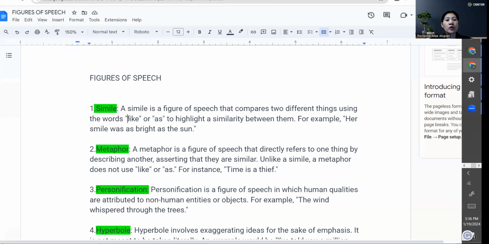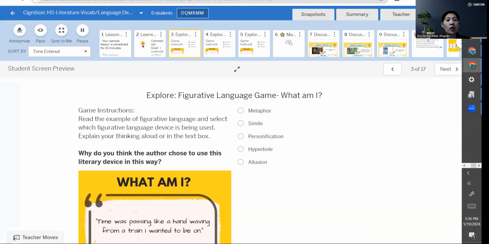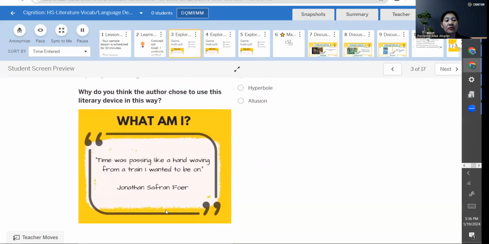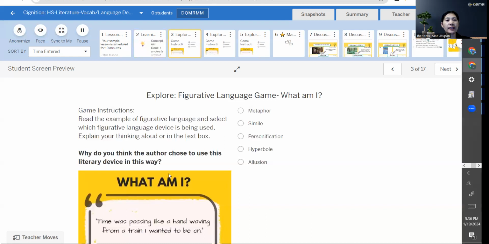When there's the word like, you're going to use a simile, right? Comparing two things using the word like or as to highlight the similarity. That's what is in here. So it is simile.